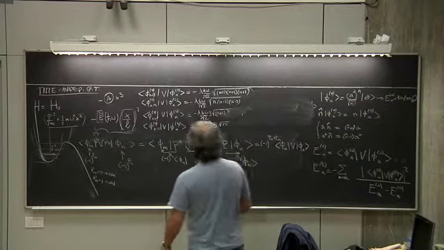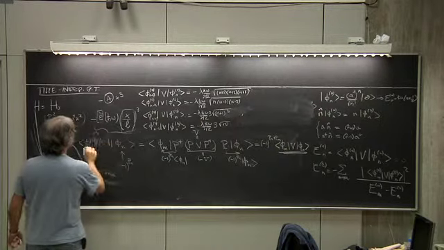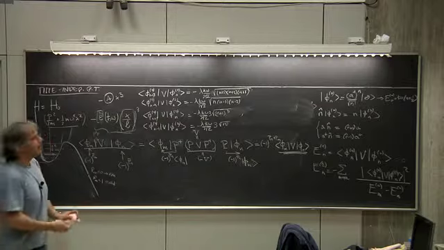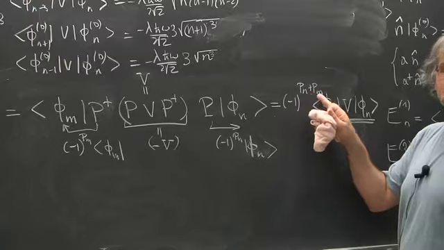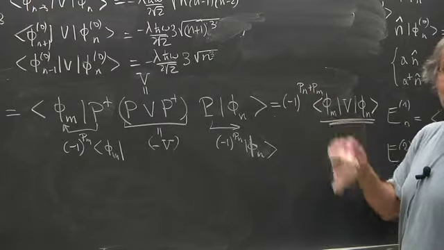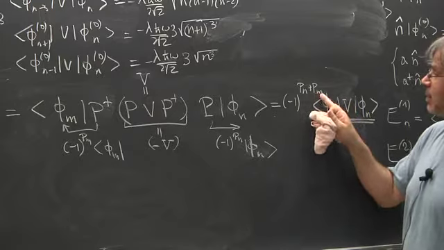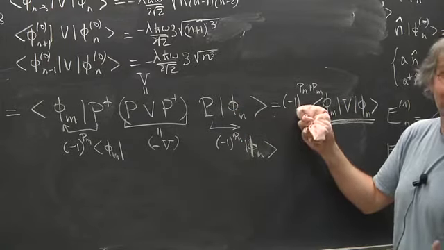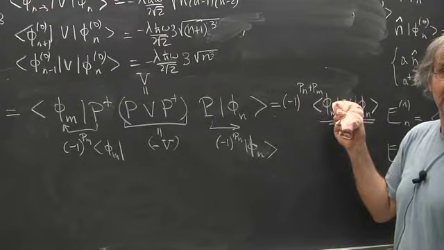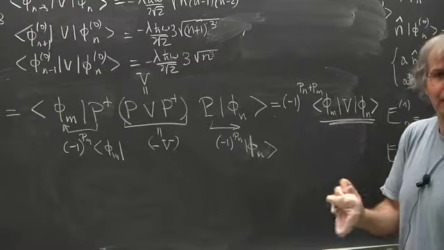So quite the same object appears there and there. But the thing in front could be +1 if the two states have the same parity, or -1 if they have opposite parity. Well, if they have opposite parity, a number cannot be equal to minus itself unless it's 0. Okay? So you immediately conclude that the number must be 0 without calculating anything.